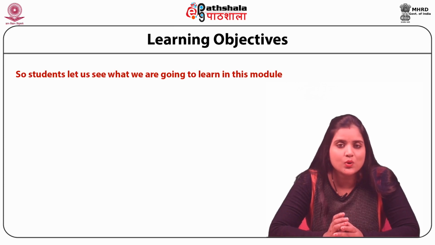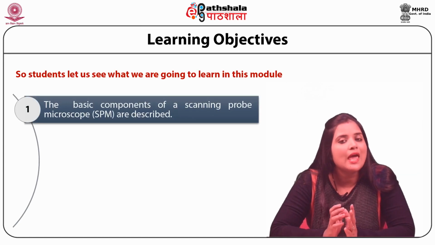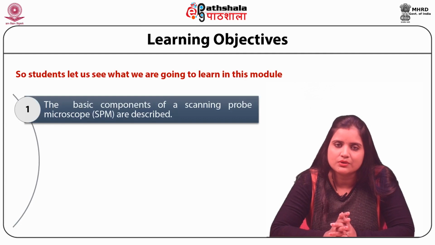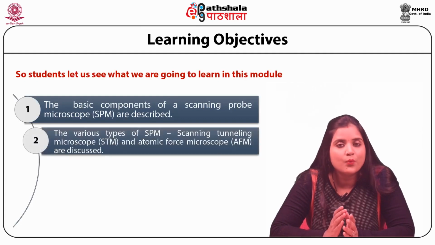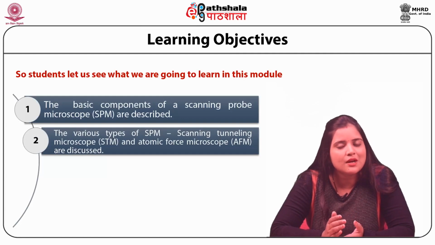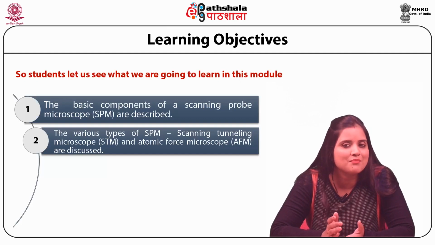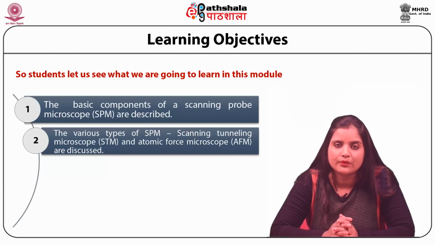In this module, the basic components of a scanning probe microscope, that is SPM, are described. Then the various types of SPM, scanning tunneling microscope, STM, and atomic force microscope, that is AFM, are discussed.